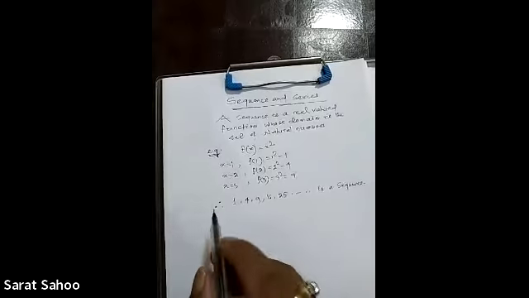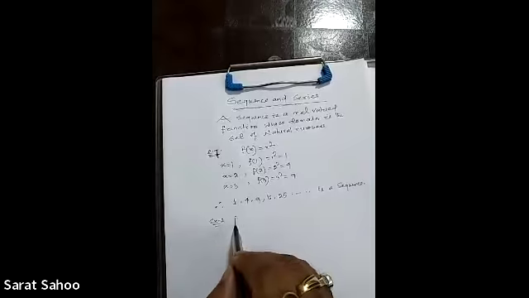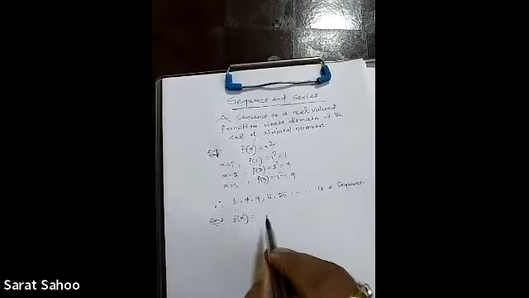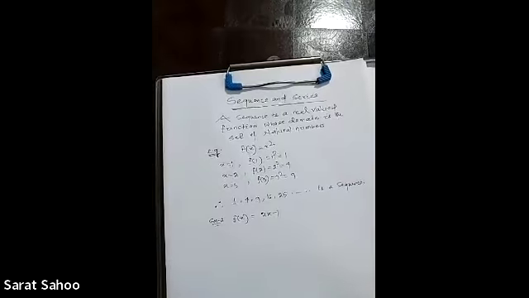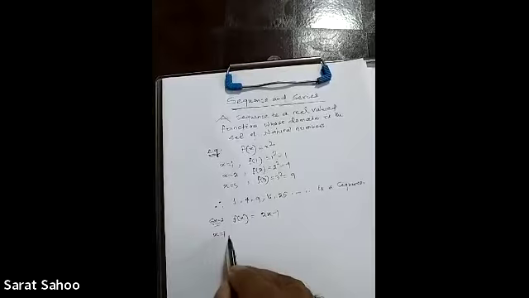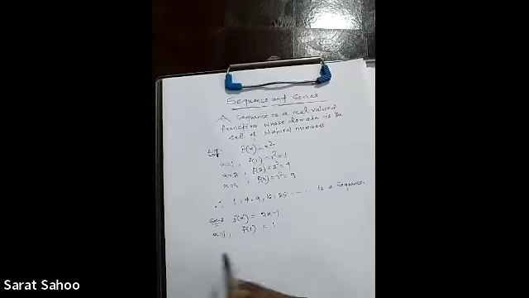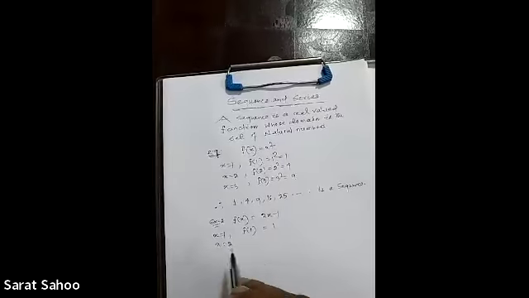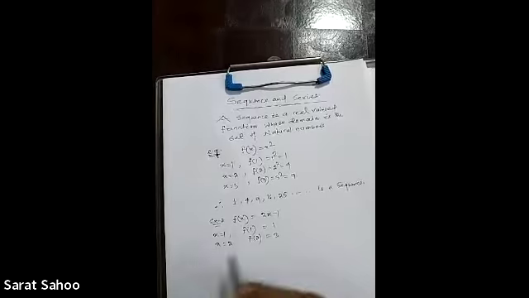Let us consider another example. Let f of x is equal to 2x minus 1. Let x is equal to 1. f of 1 will be 2 into 1 minus 1, that is 1. For x is equal to 2, f of 2 is equal to 2 into 2 minus 1, 3.